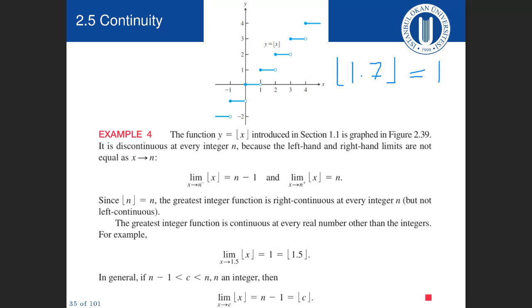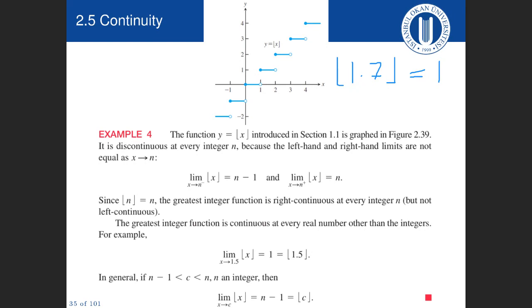We can see from the graph, or we can see from the definition, that this function is discontinuous at every integer because the left-hand and right-hand limits are not equal there. It is, in fact, right continuous but not left continuous at every integer.